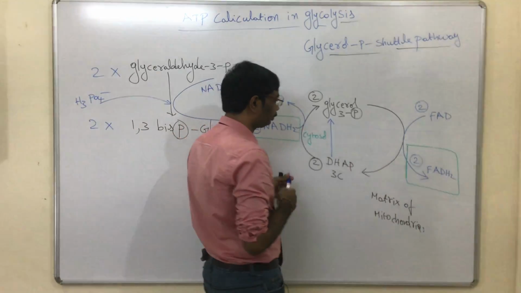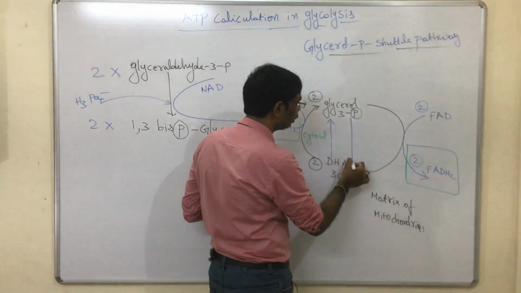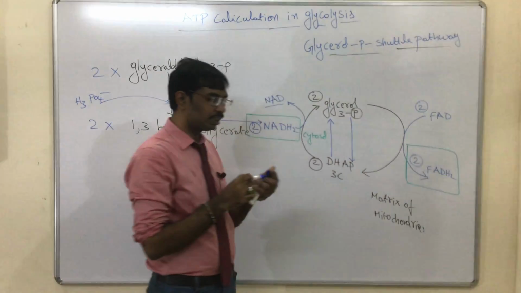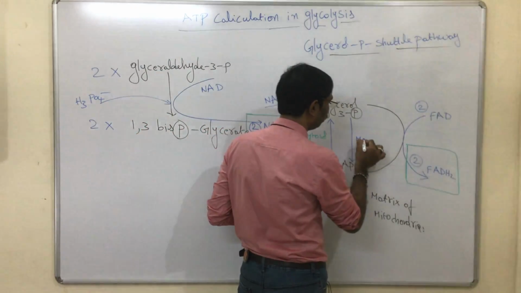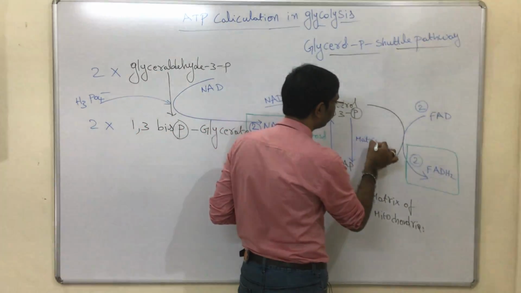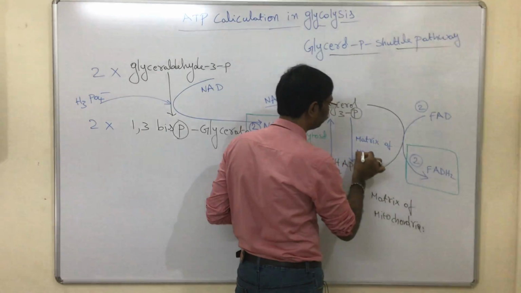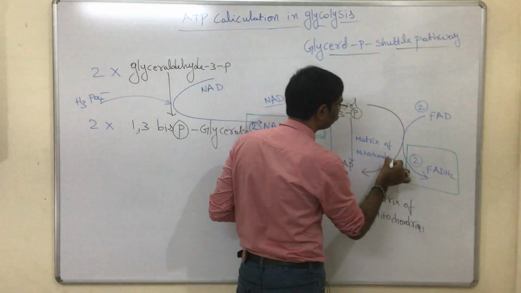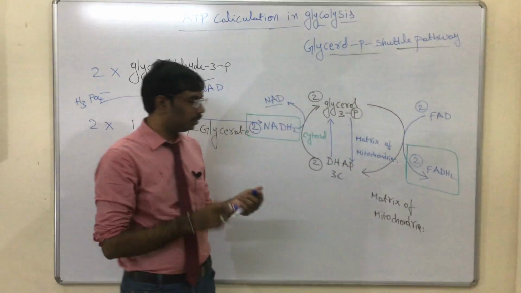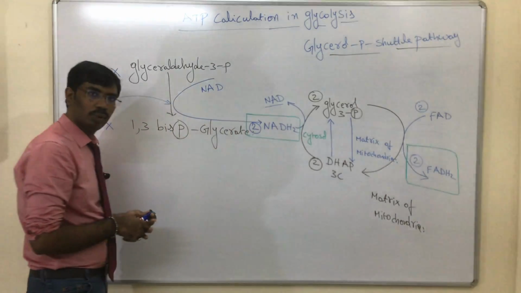In this reaction, again the glycerol phosphate is converted into the DHAP. So this reaction takes place in the mitochondrial matrix. Okay, so because of that, what chance to happen? So in this reaction, there is consumption of 2 NADH2.